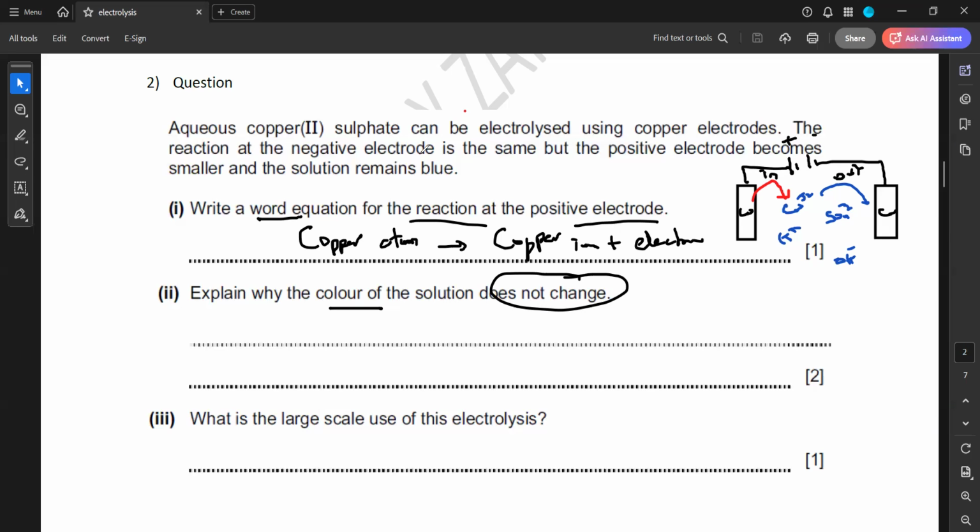So you have to write a word equation for that. If you write a symbolic equation, you will lose the marks.